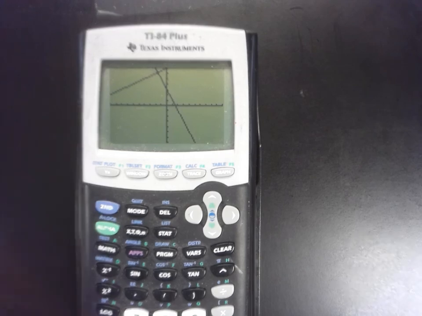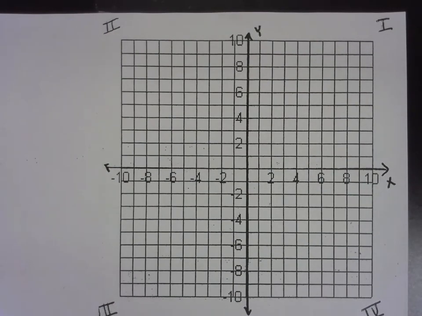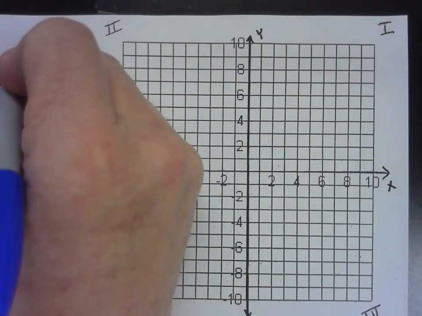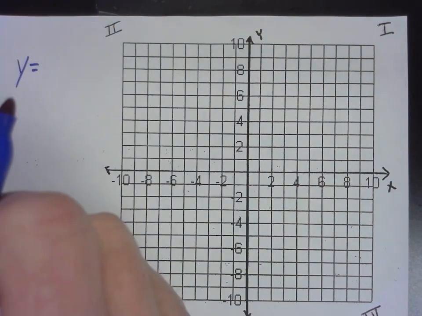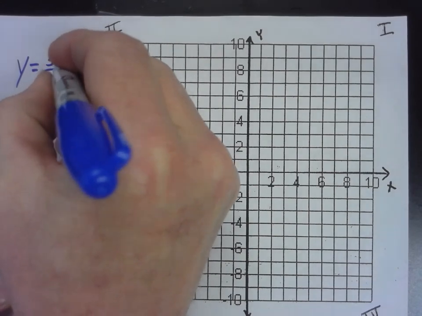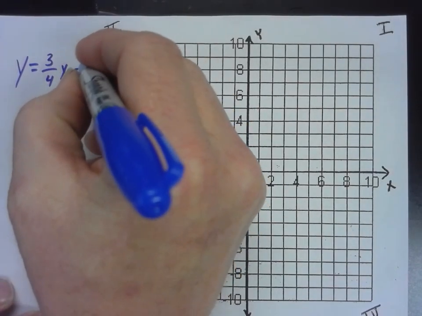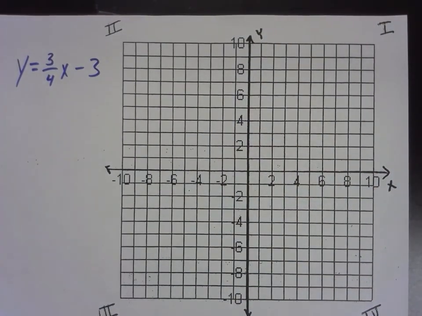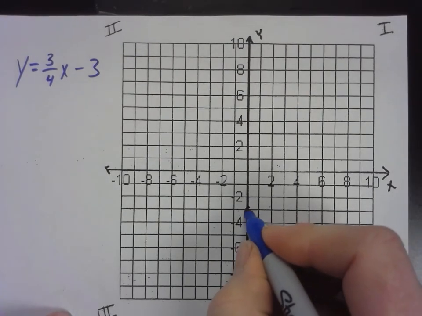Okay, so let's get out a piece of graph paper here. Luke, give me an equation. Y equals whatever you want. Y equals 3/4 x minus 3. Okay. So negative 3, that's our y-intercept.